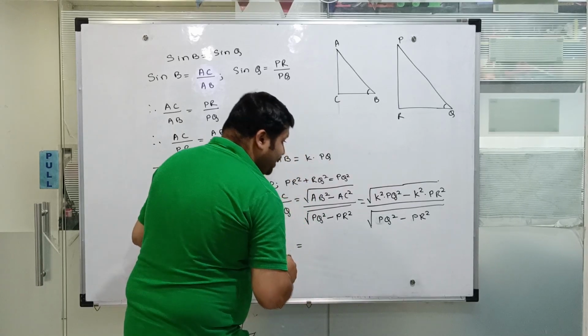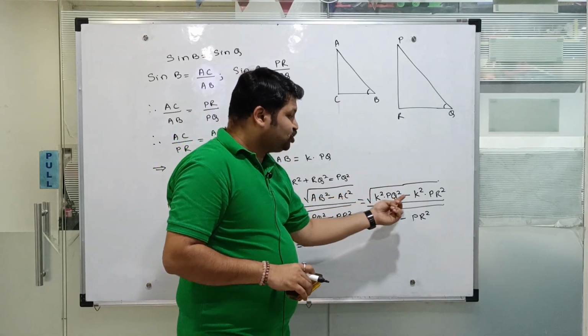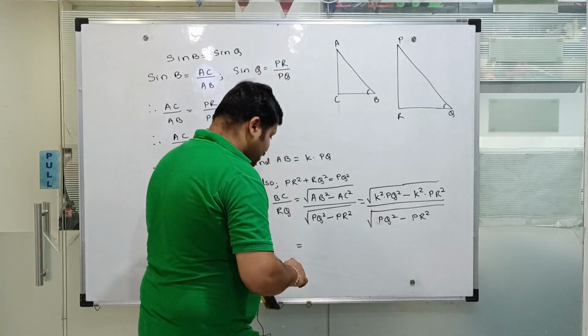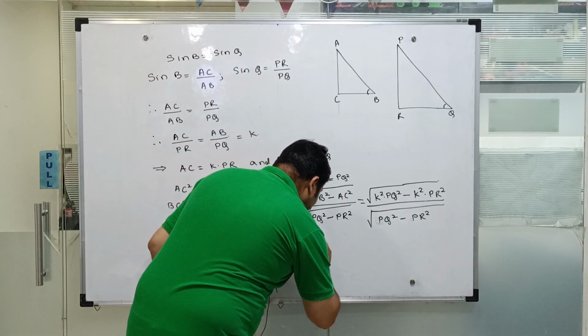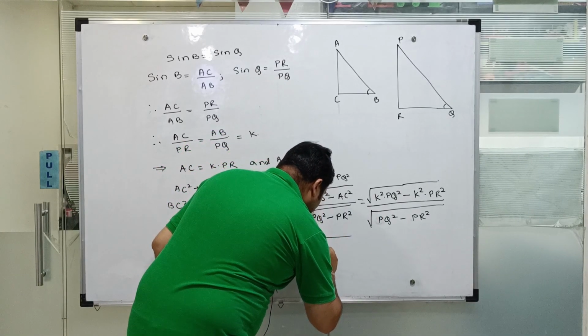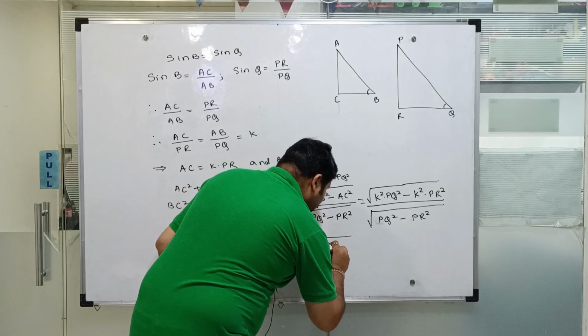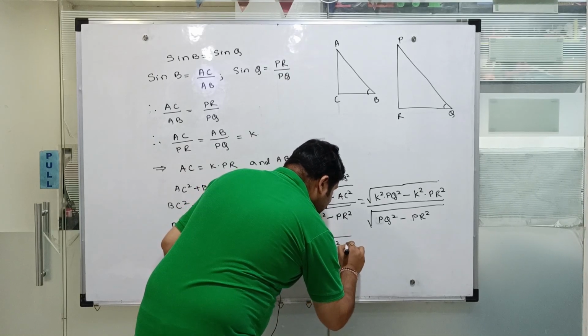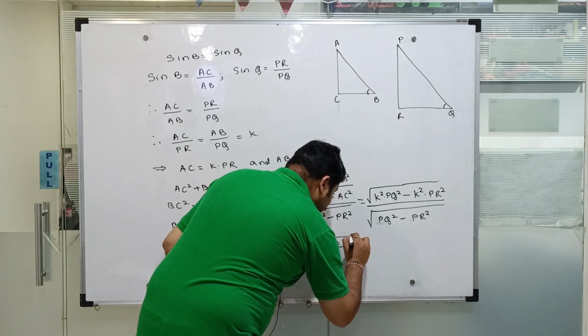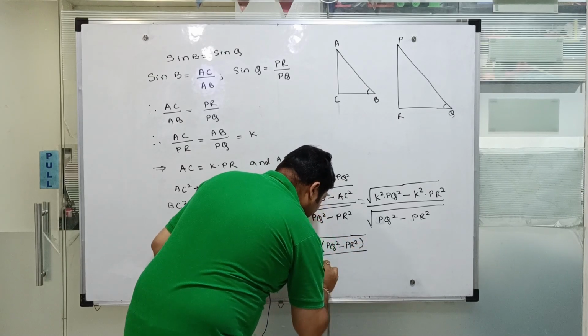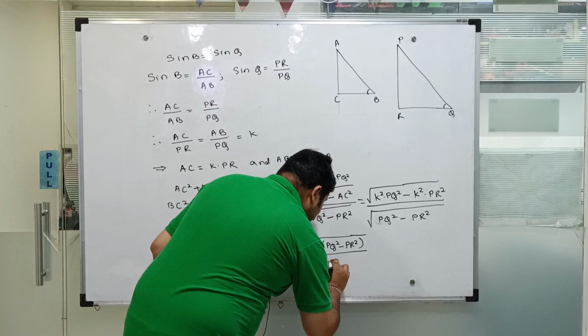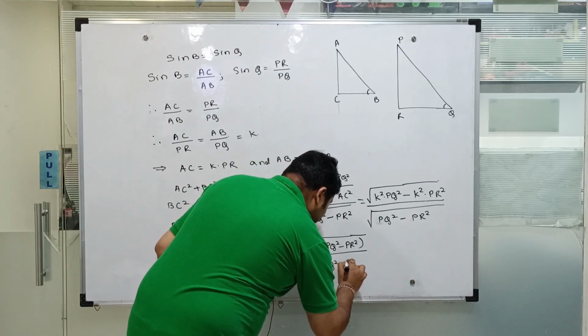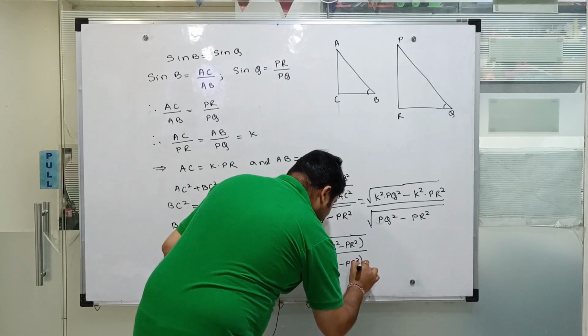Since K is common in both of them, we can take it outside and write a root of K square multiplied by PQ square minus PR square divided by PQ square minus PR square.